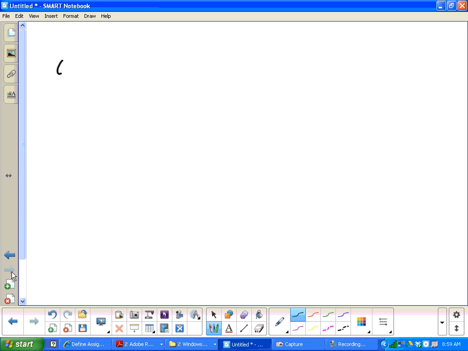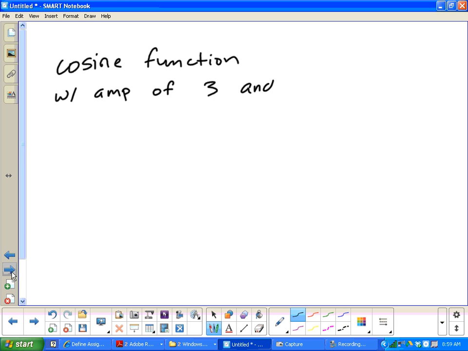Let's write an equation for a cosine function with amplitude of, let's say, 3. And let's say we got a period of 10 pi.